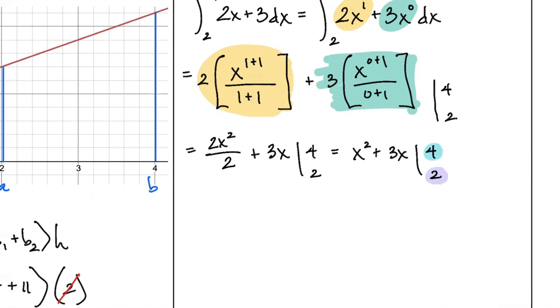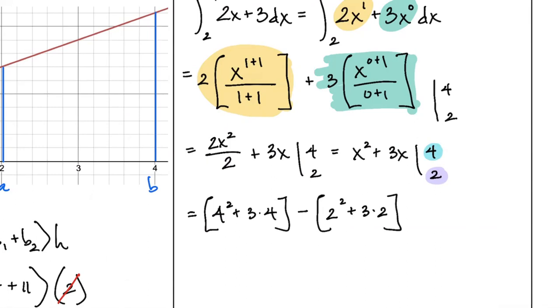And what are we going to do? We subtract these two quantities. So we get 4 squared plus 3 times 4 minus 2 squared plus 3 times 2. So this is plugging in the top bound, and this is plugging in the bottom bound.